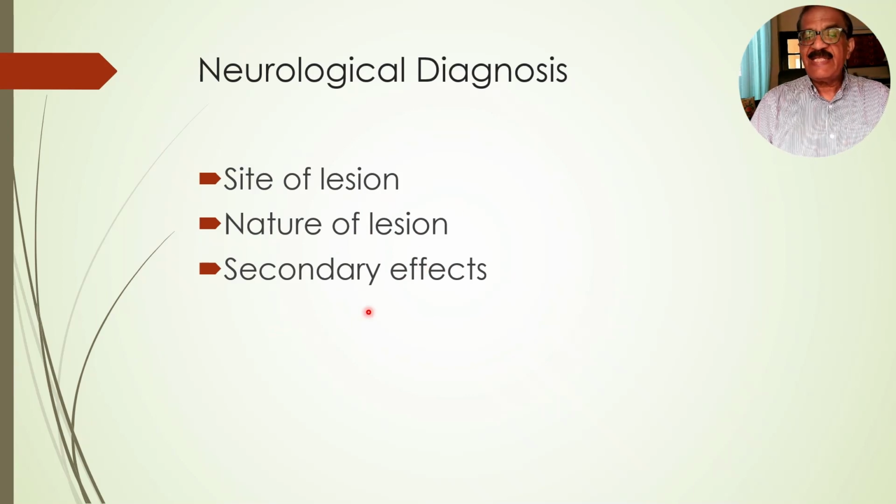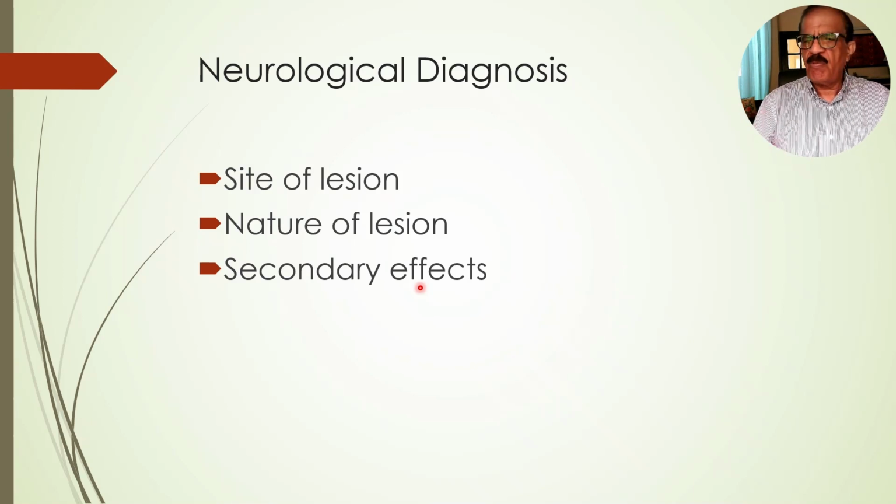Then secondary effects. Any brain lesion could cause secondary effects. For example, if there is a tumor in the cerebellopontine angle or somewhere, the tumor would produce certain signs because of its unique location, depending upon what function that particular part of the brain performs.